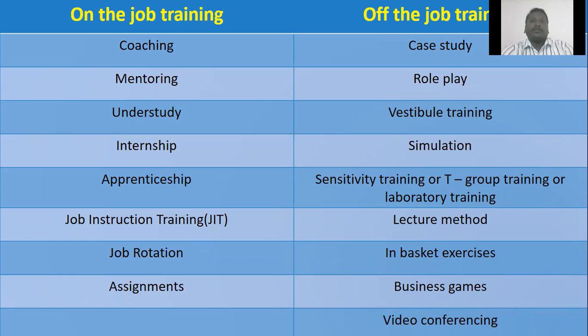Let us see one by one different methods of on the job training. First one is apprenticeship. Apprenticeship is one of the on the job methods where there are certain courses which require, as a part of their studies, the individuals after completion of their studies to work as apprentices.